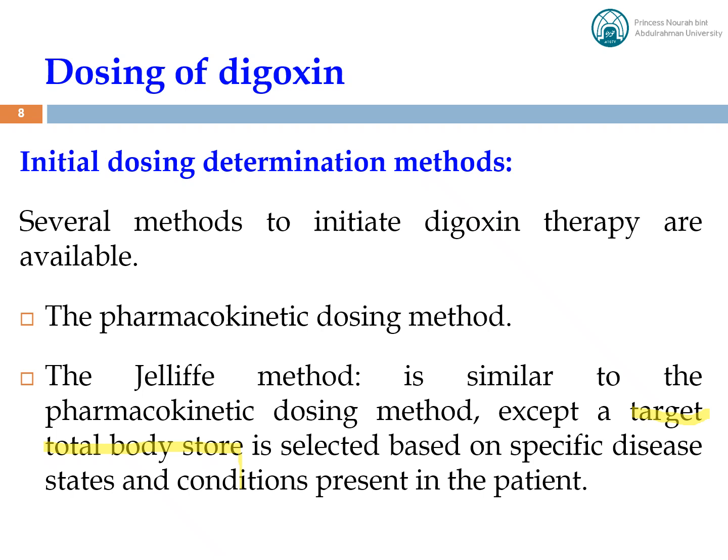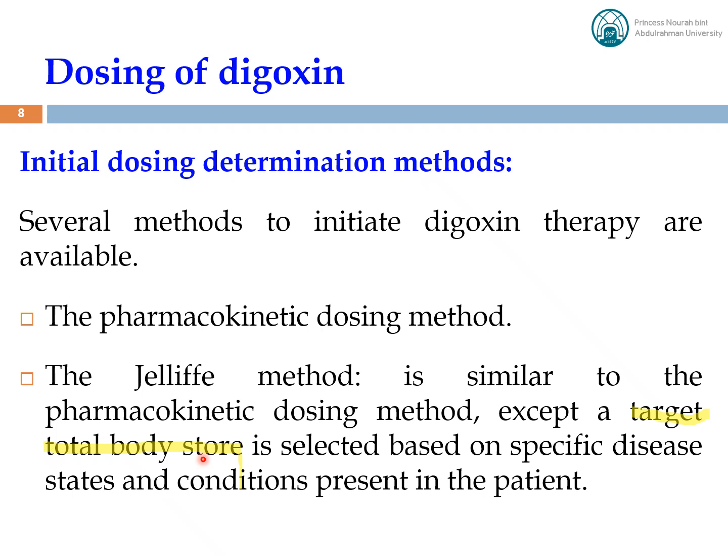Okay? So why talk about the target total body store? It is something, let us say, like a store in the body for the drug concentration. It is selected based on specific disease states and conditions present for the patient. We are talking about target total body store, a little bit similar to something like a plasma concentration for that drug.